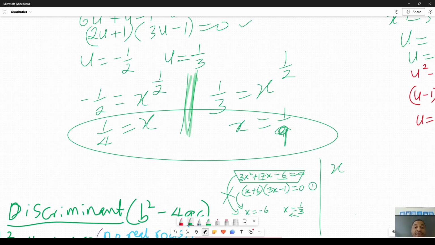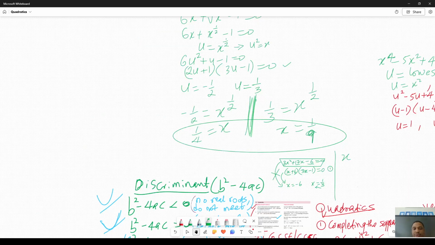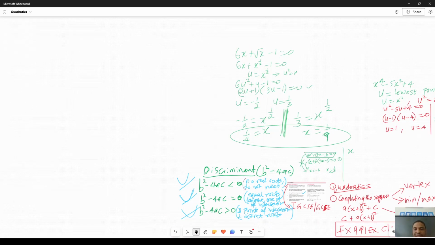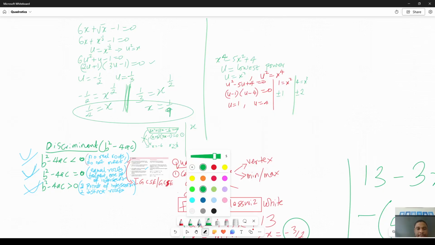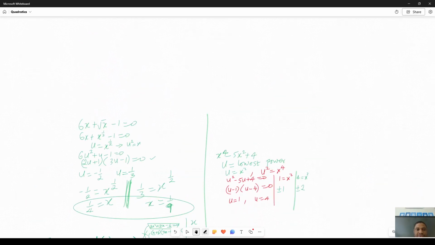So I believe this is just a summary of what you need to know. Calculator is your best friend. This is what we've done, just to give you an idea, summarizing what you can do with your calculator and what quadratic is all about.